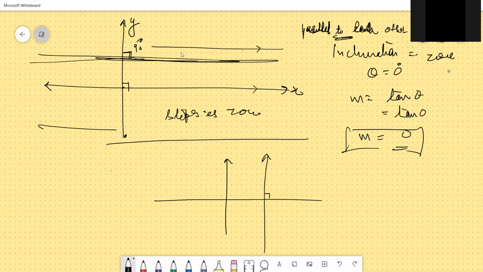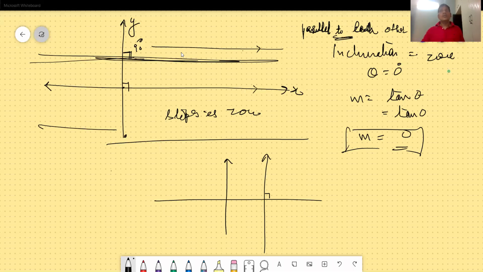Fine. All right. So always remember, whenever a line is either parallel to x-axis or perpendicular to y-axis, उस लाइन का स्लोप हमेशा 0 के इक्वल होता है.